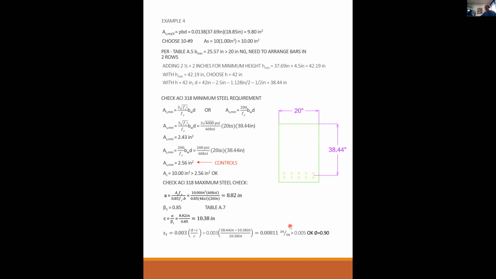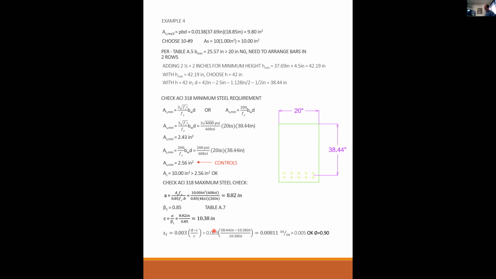You can use that table, or you can just calculate epsilon sub t. Until this is like the back of your hand, I suggest you just calculate epsilon sub t. That is what the code is looking for. That is a direct check to what the code is asking. But you could use the table and make sure that the steel you provide is less than that value. And what that means is when you check epsilon sub t, it will be okay because you're under that threshold.